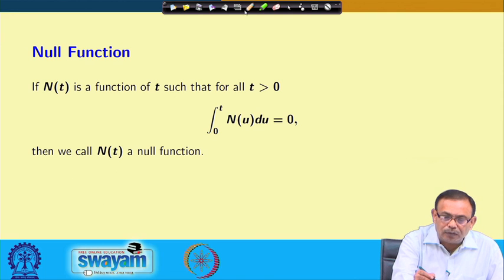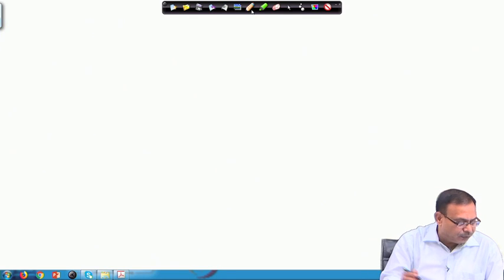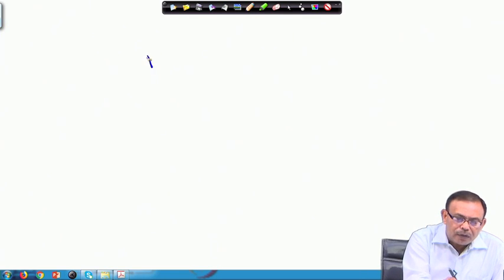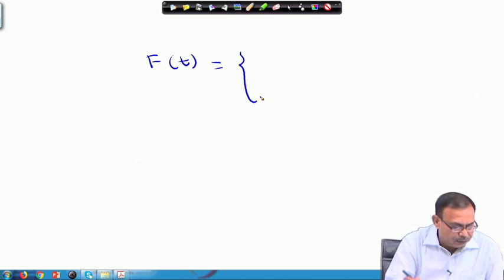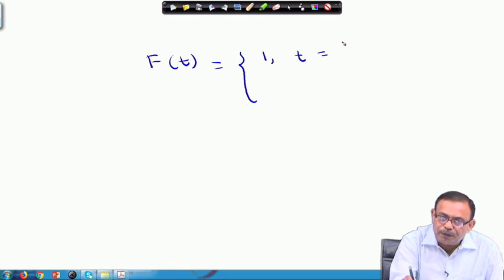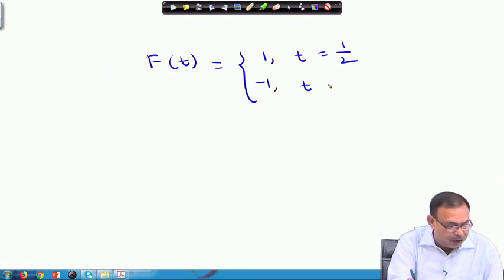Just for example, if you take a function like this, say at t equals half it is half, it is minus 1 at t equals 1, and it is 0 otherwise.